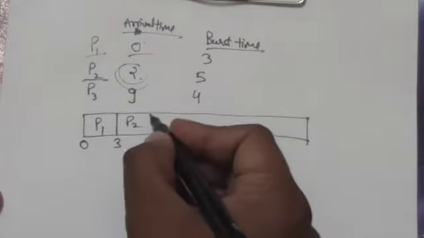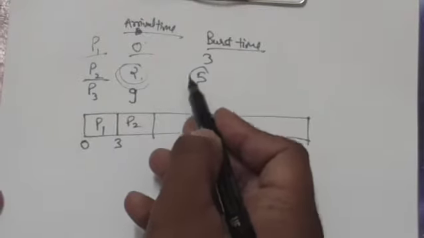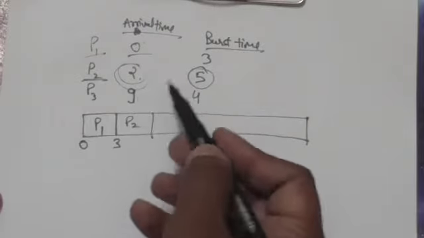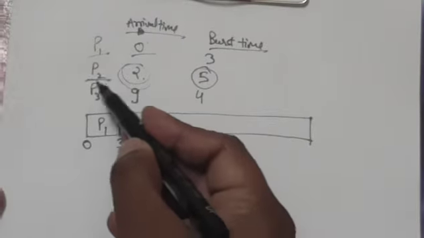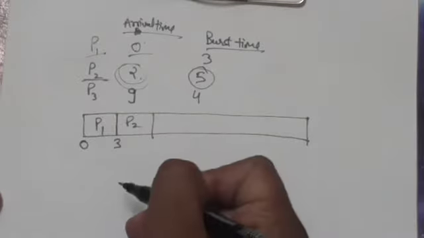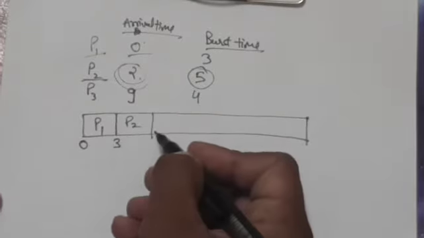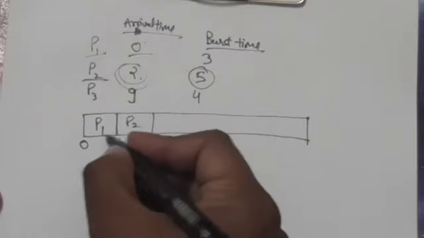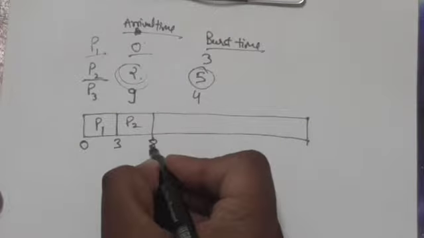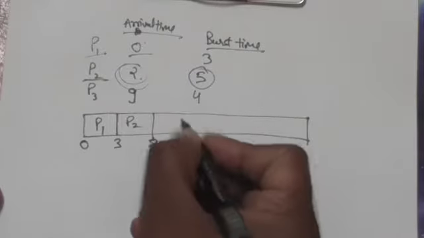Now the burst time of process P2 is 5, so it will be executed for 5 units of time. After 5 units of time, at time 8, process P2 will release the CPU.